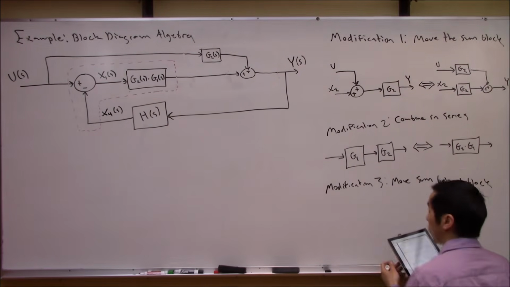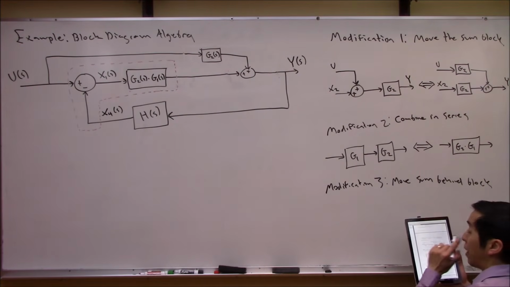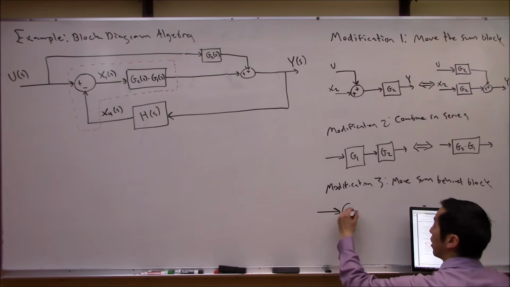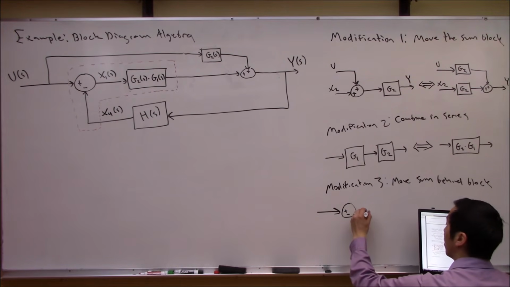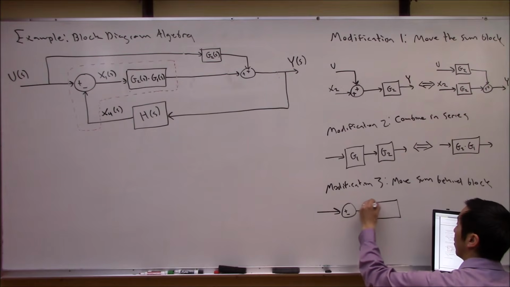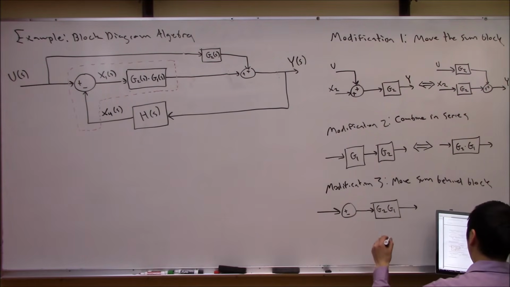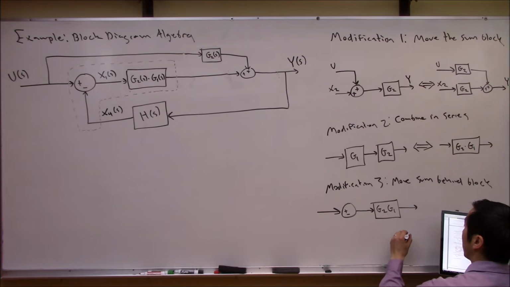So again, let's redraw what we've got in the red box. You've got a summing block with a plus and minus, and then we have G2, G1, and then you've got basically this, right?